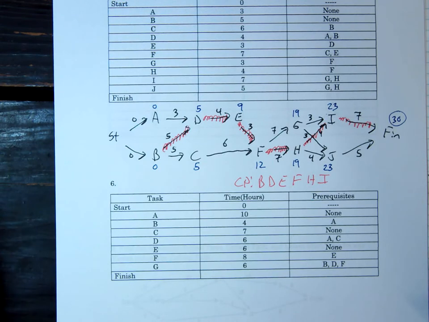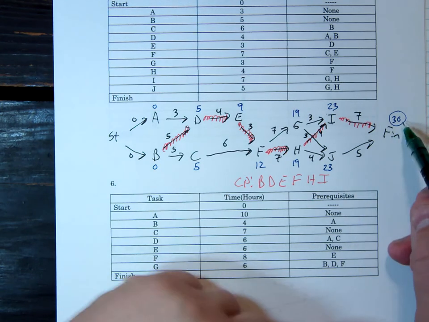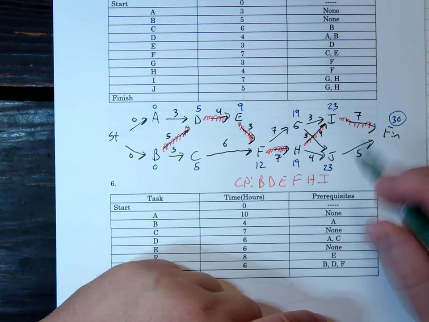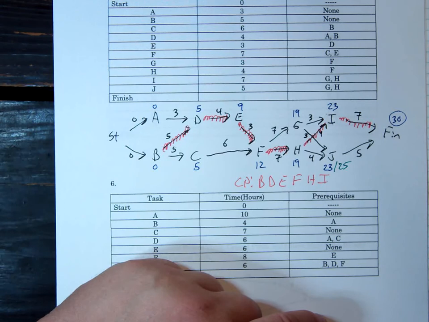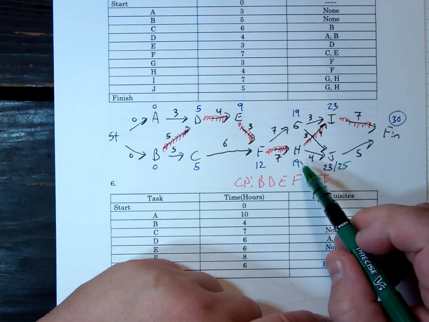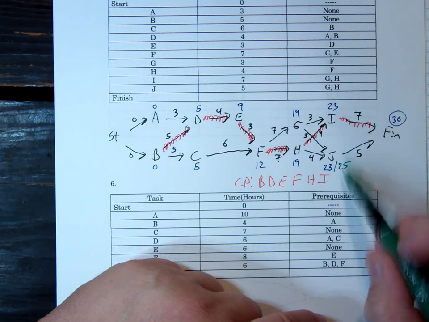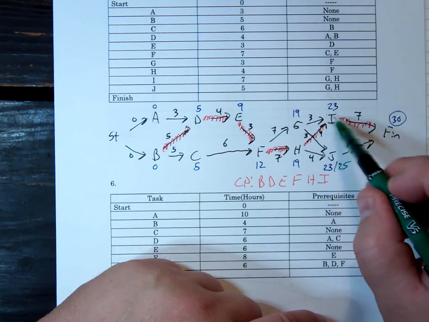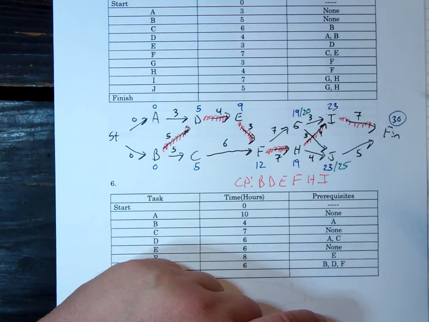Right, and then finally your latest start times, which are only for those that aren't on the critical path. So J has to have it done by 30, takes him 5, so he can actually start after 25 days, subtract. G is not on the critical path, but he is going to I, which is on the critical path, so 23 minus 3, he could wait till after 20 days to start.